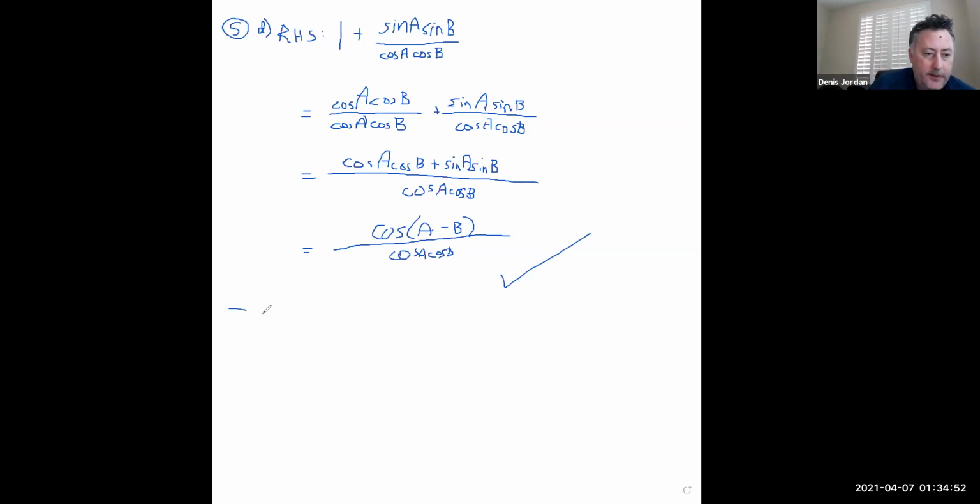Okay, so I have a question for you guys. Let's take sine of 8 theta. What can you turn that into?